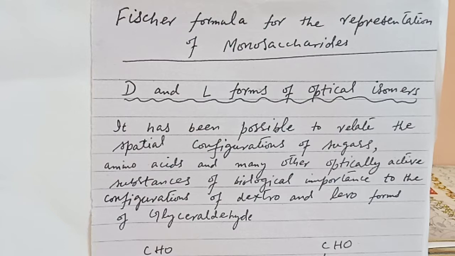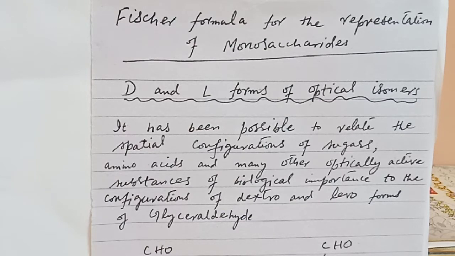So first of all, the first type of stereoisomerism concept I am starting here is the capital D and capital L forms of optical isomers. Why am I saying capital D and capital L forms? Because in the previous first lecture about the optical activity of plane polarized light, you studied the small d and small l concept.